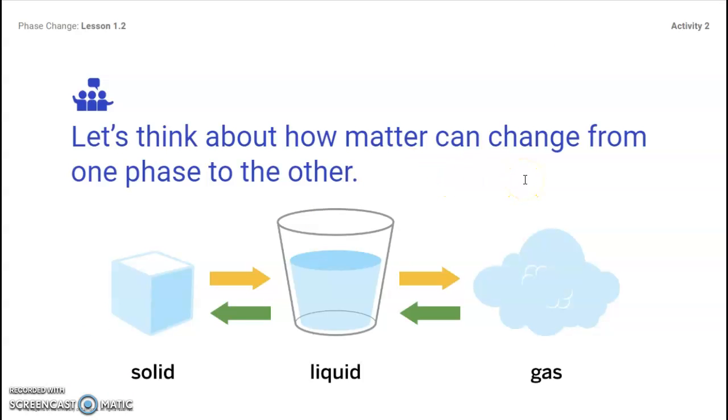So let's think about how matter can change form from one phase to the other. Okay, so we've got solid. Remember, if a solid changes, it turns to a liquid. What makes it change from a solid to a liquid? And then what makes it change from a liquid to a gas?